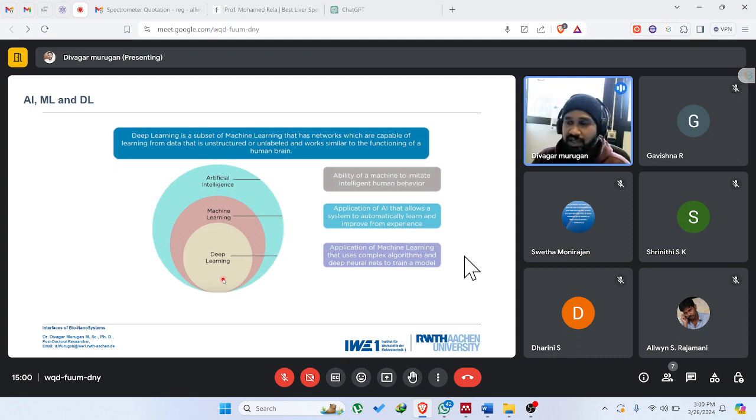Machine learning and deep learning are subsets of artificial intelligence, where deep learning requires a huge amount of data, and it can process such a huge amount of data. But machine learning may not be able to process a huge amount of data, though it can also predict a few of the structures like what we have here.